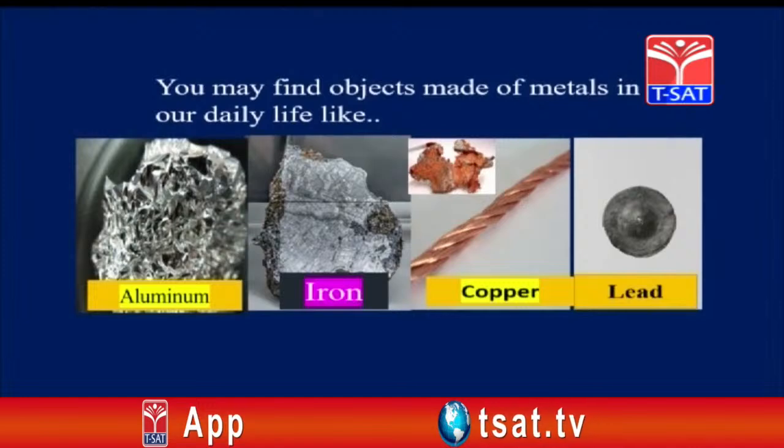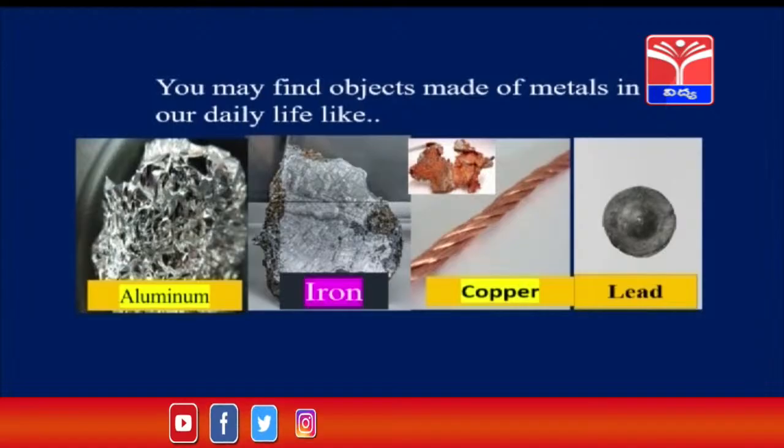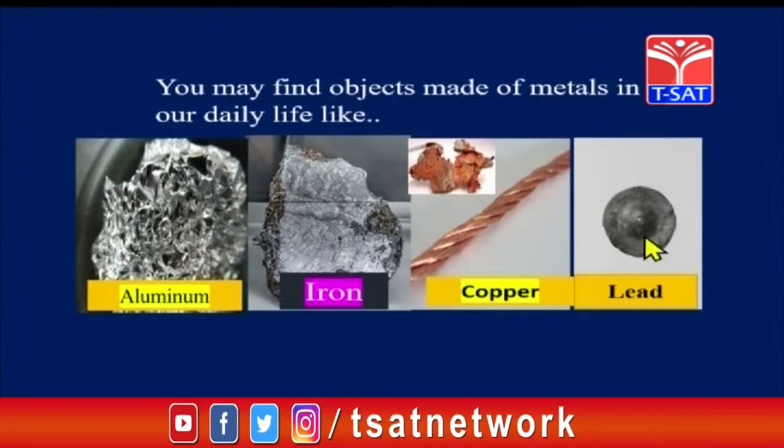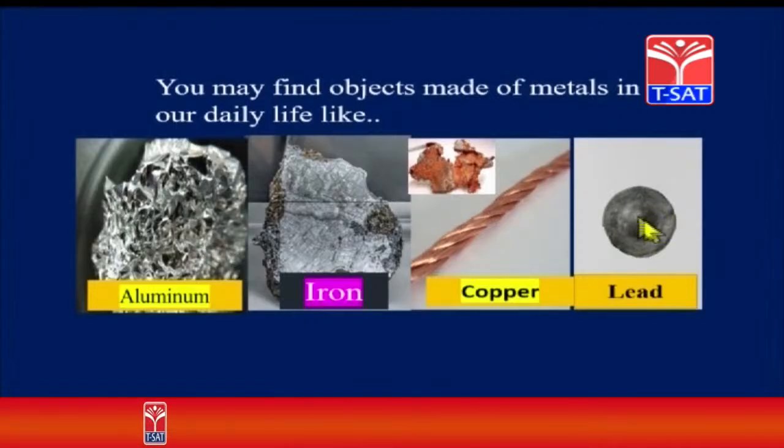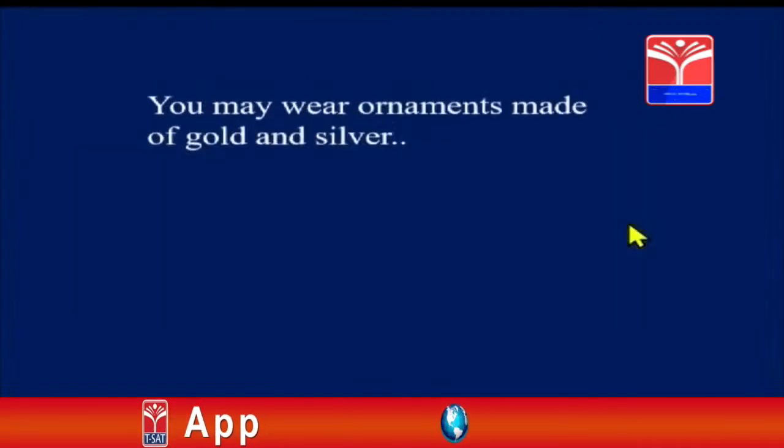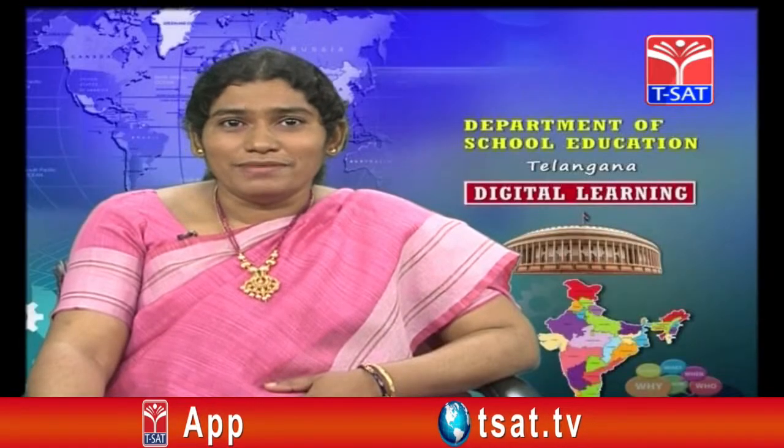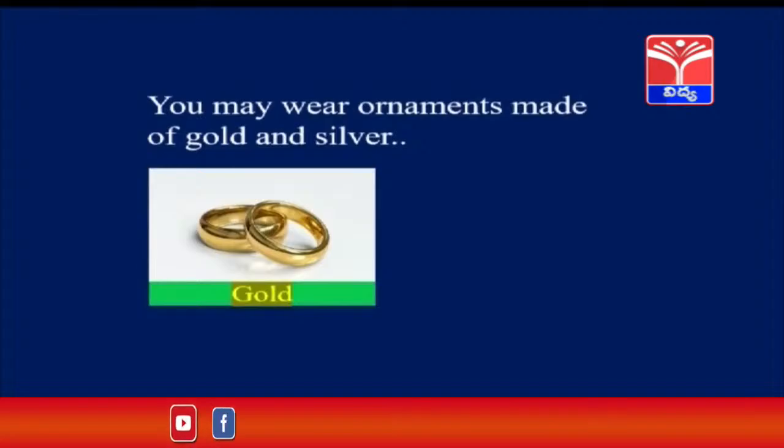We can also see electrical equipment made of copper, and lead is used for pigmentation and also for the car battery. Children, you also might be wearing ornaments made of gold and silver.